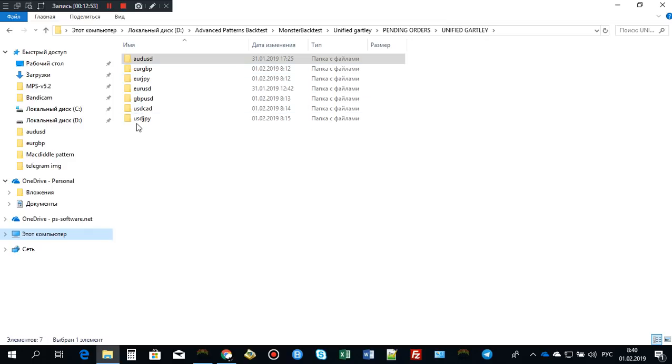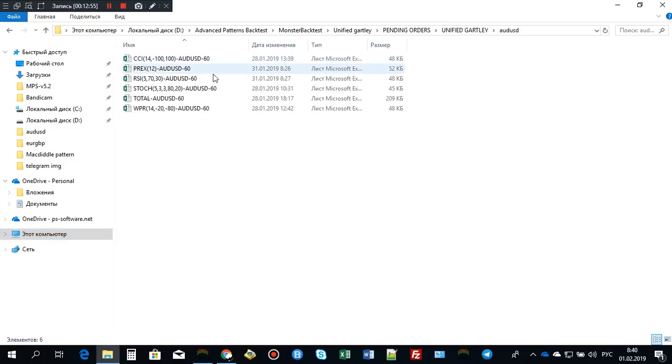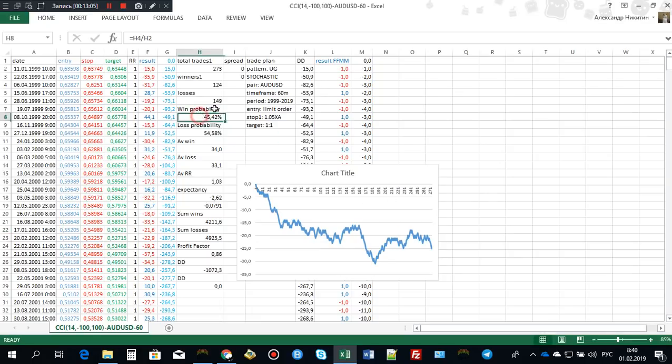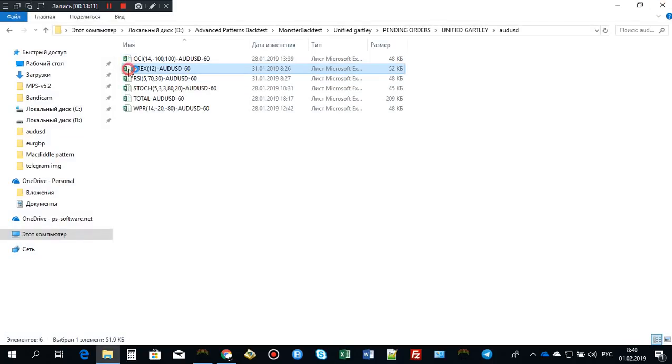So here are the major pairs, and we just open one, and you can see that we have these algorithms. Each and every algorithm was tested separately, and here's the win probability if you trade the standard way. You see it goes to the downside.